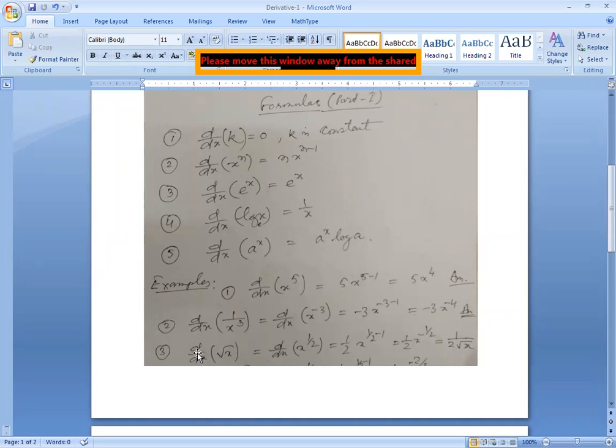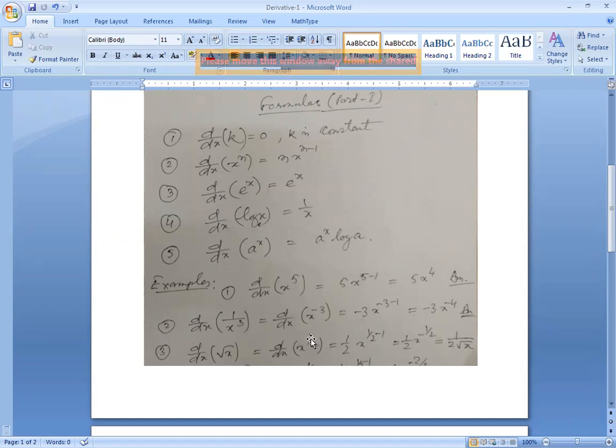And the next example is d/dx of root over x. Again, at first sight you cannot compare this one with any formula from this set, because it is different in looking. But root over x can be written as x to the power half. When it is x to the power half, it indicates formula number 2, x to the power n type, where n means any real number.